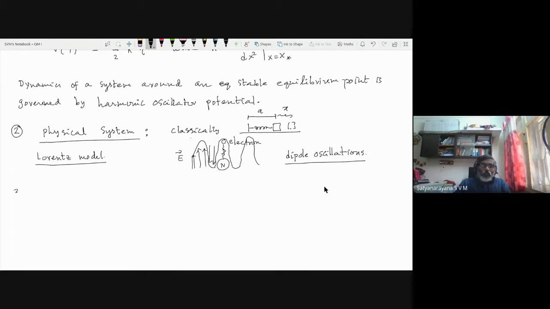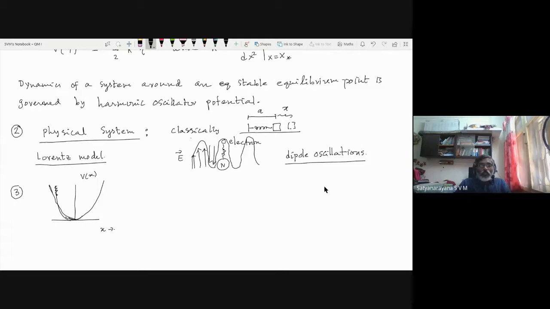Now, we'll come back to this physical system a little later, but let's try to see what we have observed. So we have the potential, V of x proportional to x squared.